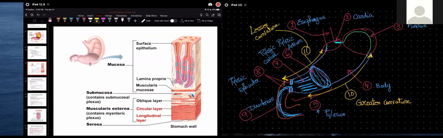If we're looking closer to the structure of the wall of the stomach, we're going to see that the mucosa looks different than the mucosa that we've seen at the beginning of the chapter here. So the mucosa that we've seen in this general structure of the gastrointestinal tract tube was flattened. Here it appears to have pits.